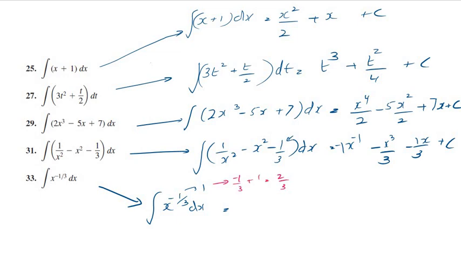So then, since we have 2 over 3, the answer would be x to the power 2 over 3 divided by 2 over 3 plus c. That is 3 over 2 x to the power 2 over 3 plus c. Okay, let me do a few more questions.